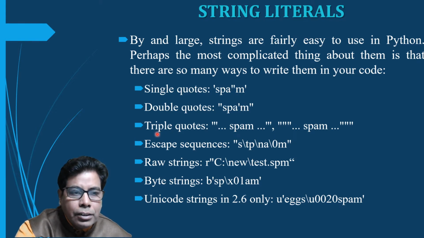Similarly, triple quotes can represent a string. So we put a triple quote here and then the string. Similarly, here we have triple quotes in the form of double quotes.